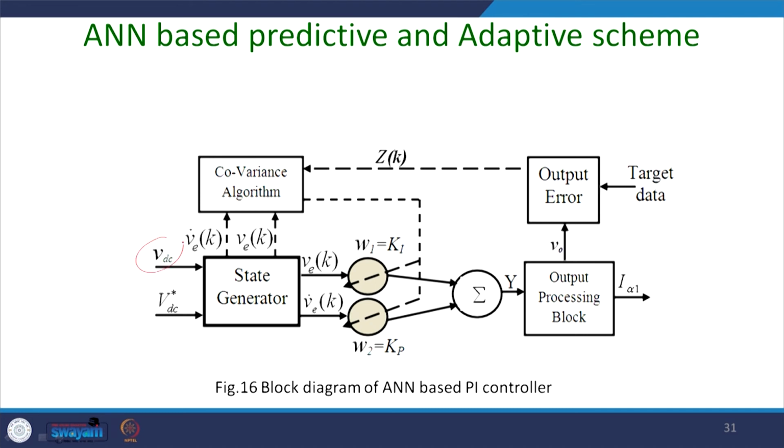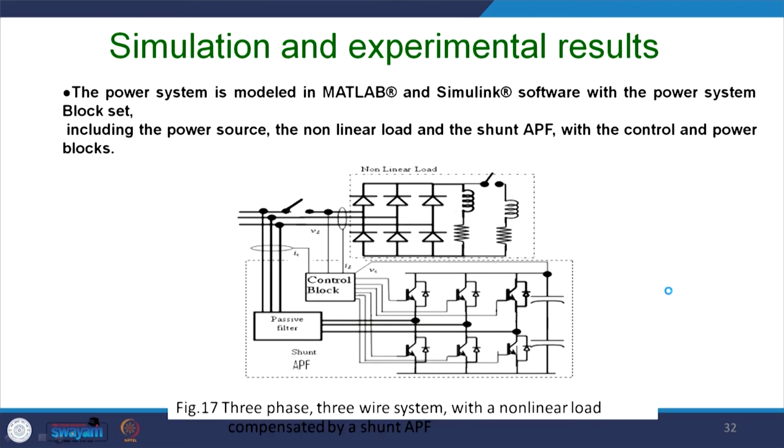You have VDC and IDC, and you tune it and get the value of I alpha. It has to be tuned offline, and once it is tuned offline, it will predict quite easily and satisfactorily.